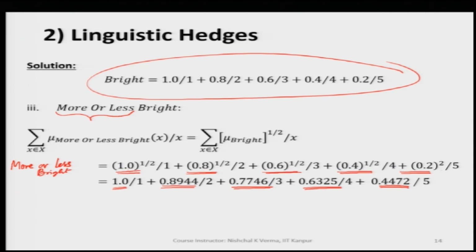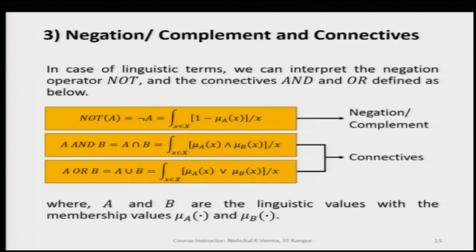So, when we say more or less bright, it means we simply take the square roots of all the respective membership values which are characterizing the fuzzy set, this is a discrete fuzzy set. So, that way we have understood how we get the primary fuzzy set converted into the linguistic hedges.